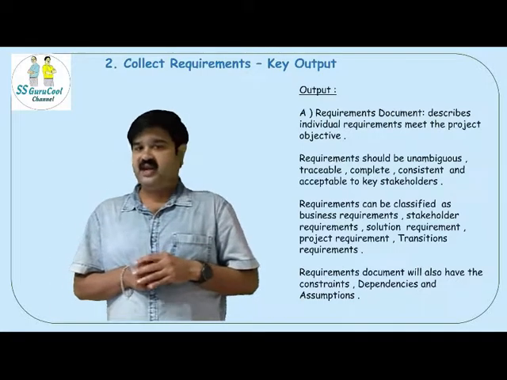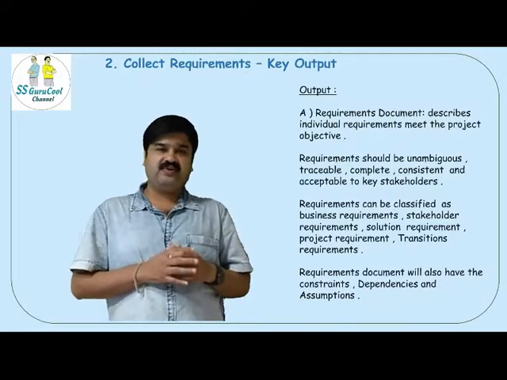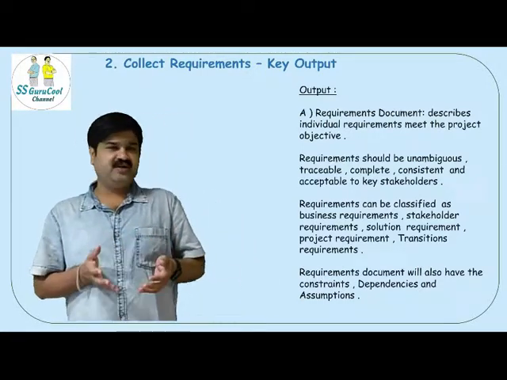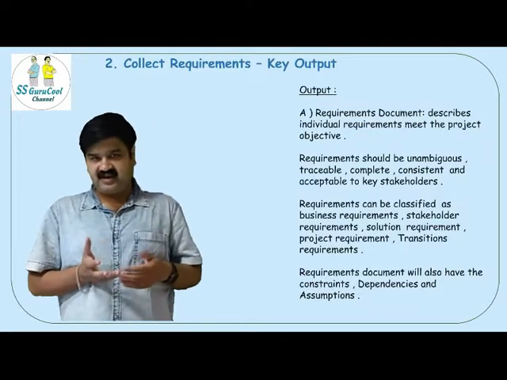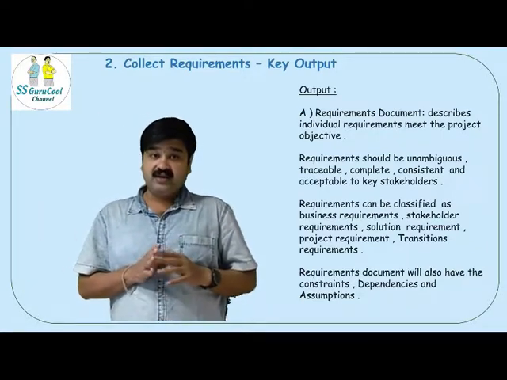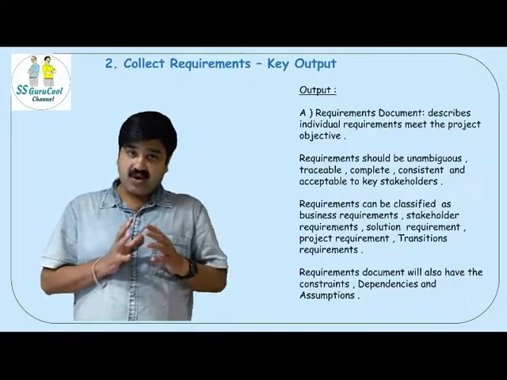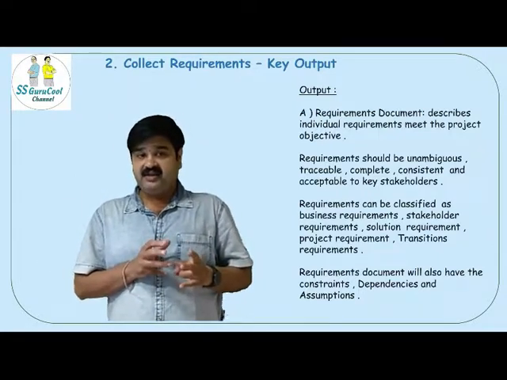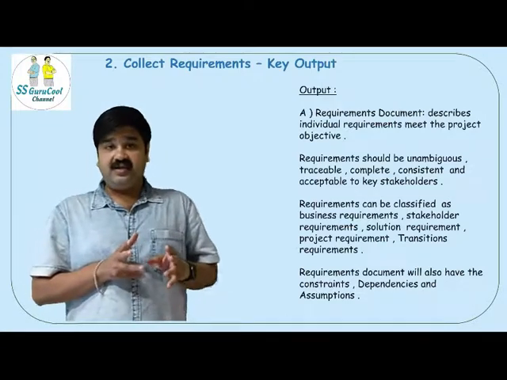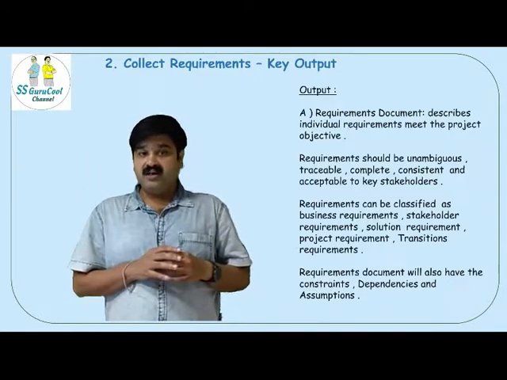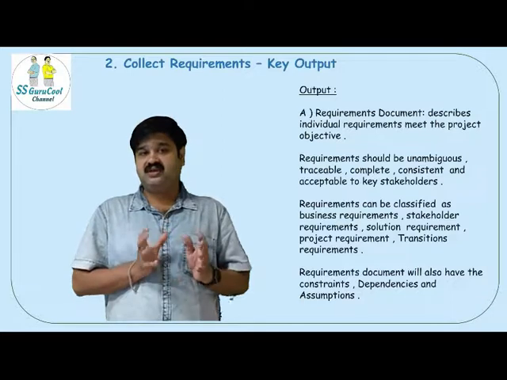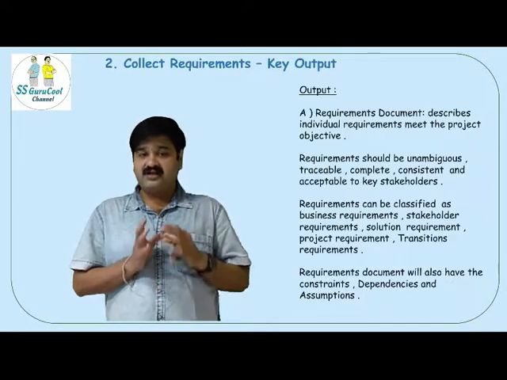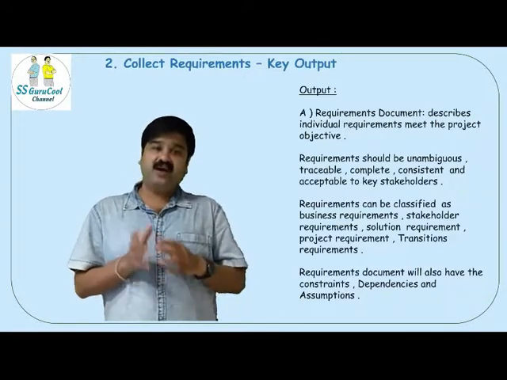The requirements can be classified as system requirements, functional requirements, legal requirements, etc. Now, please note that the requirement documents also will have the constraints, dependencies, and assumptions listed under them. Assumptions are those statements which are assumed to be true unless proved otherwise.